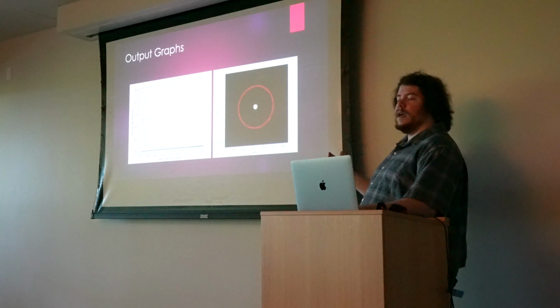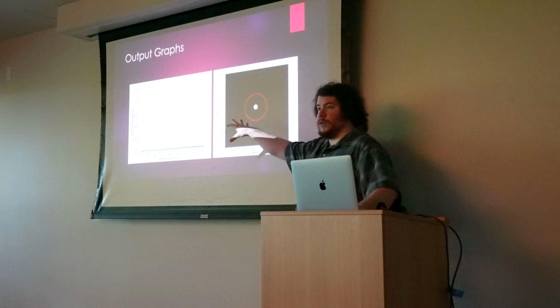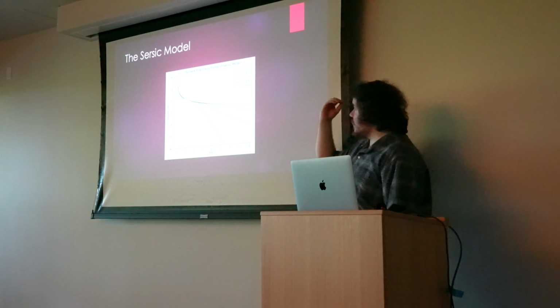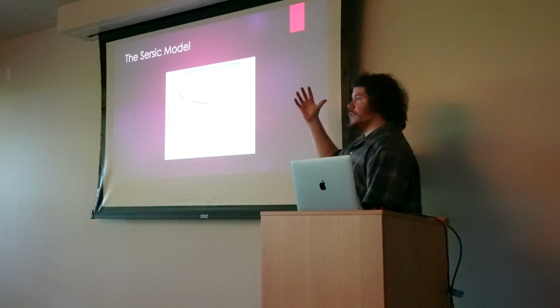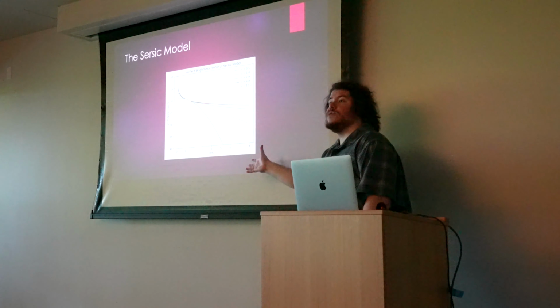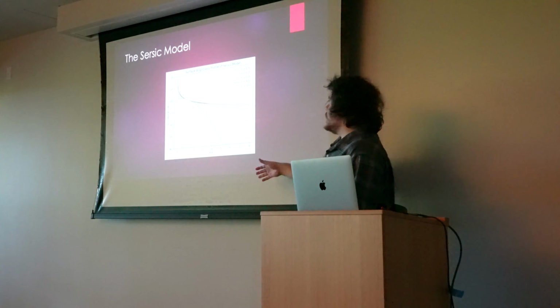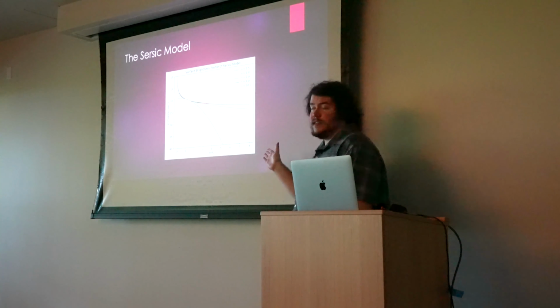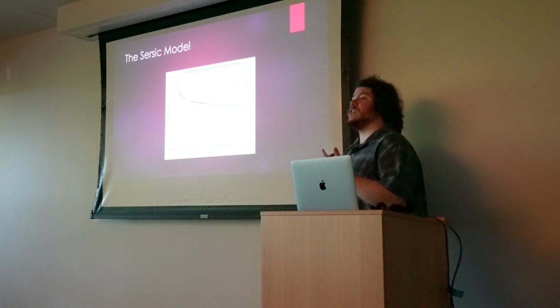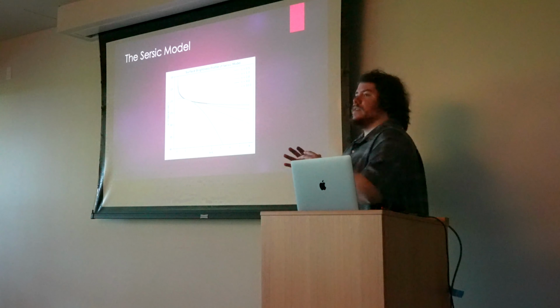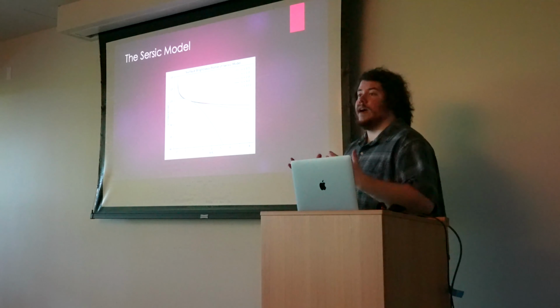So let's talk about that characteristic growth curve, that light profile of a galaxy. So this is the Sérsic model. Or more accurately, it's a representation of what we can do with the Sérsic model. It's based on these n values, these index numbers. They are used as an exponent to model the size and light profile of galaxies.